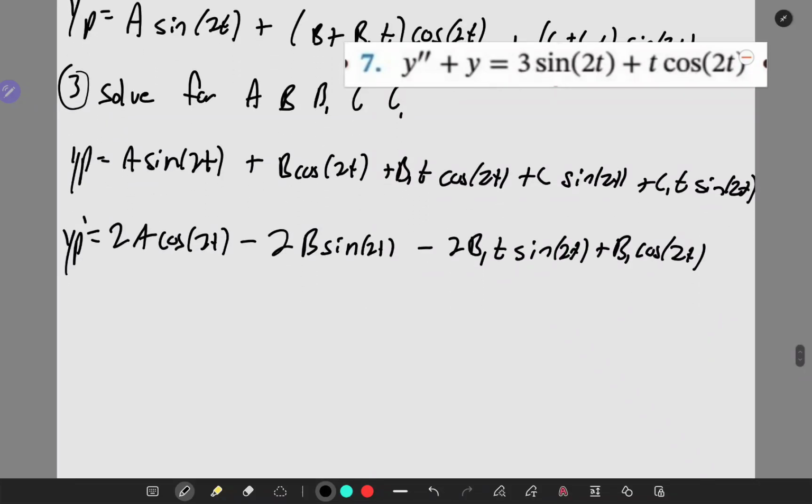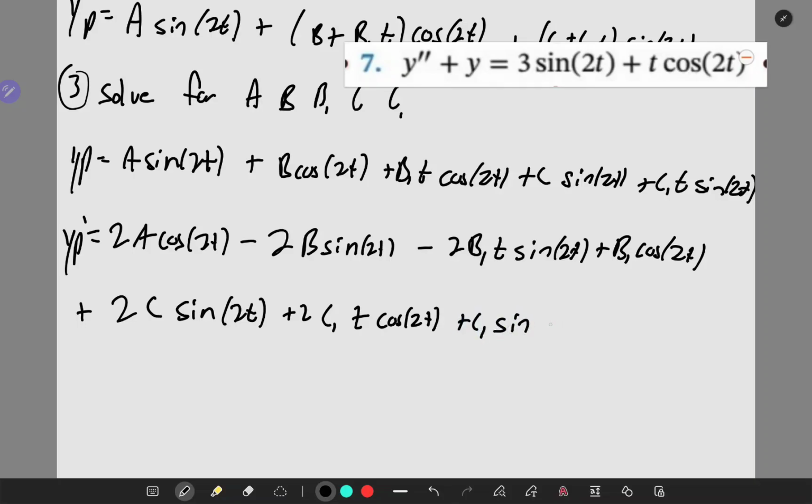Now the next term, c sine of 2t, that's just going to be plus 2c sine of 2t plus c1 of t. This would be plus 2c1 of t cosine of 2t plus c1 sine of 2t.